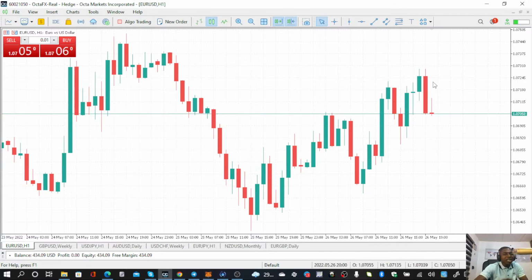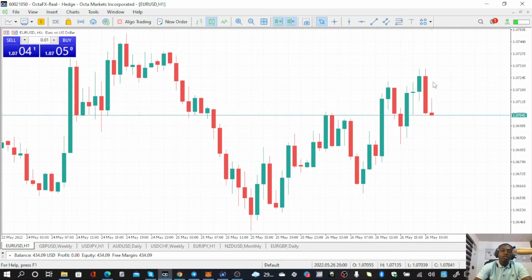It is more bearish than bullish on the 1 hour time frame than on the daily time frame, right? On the daily time frame, for a swing trader, you want to go bullish.